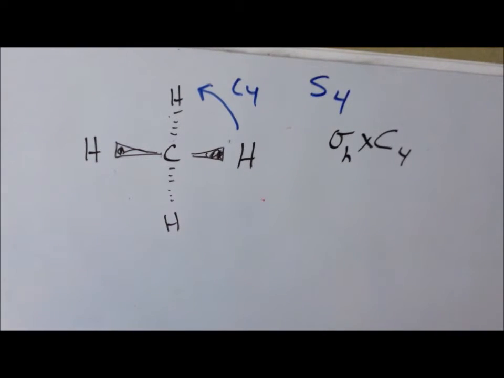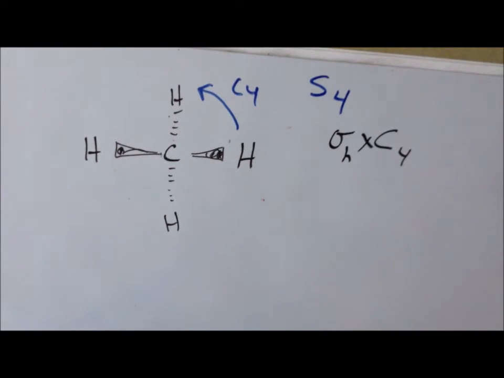In those cases, the high order rotation axis is an S4. Since the order of the rotation is 3 or greater, it will have degeneracy. So we need to look both at the proper and the improper rotations before we could conclude that a molecule would not have this degeneracy property.